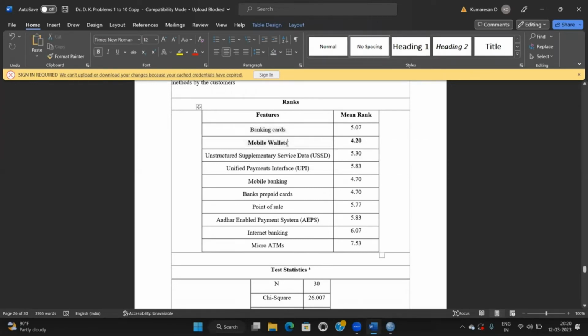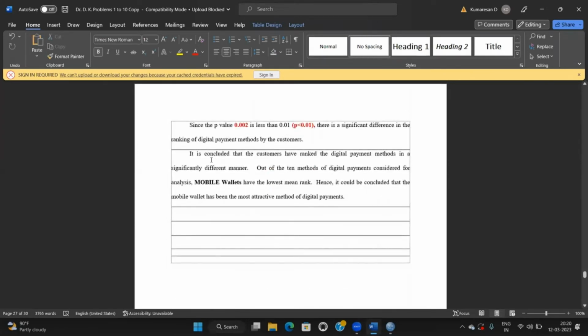Mobile wallets. So conclusion: it is concluded that customers have ranked the digital payments in a significantly different manner. Because of the p-value, we concluded like that. Then out of the 10 digital payment methods, mobile wallets have the lowest mean rank.